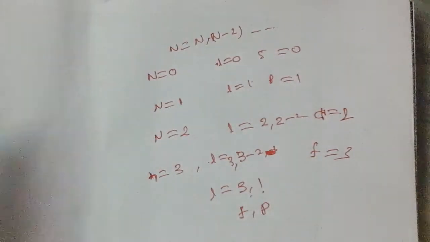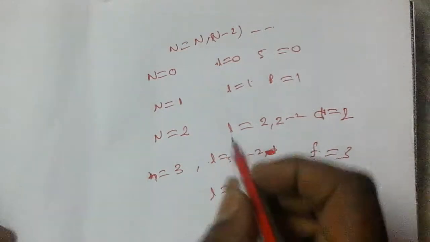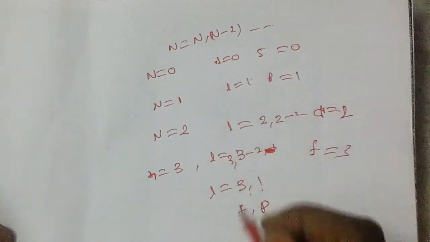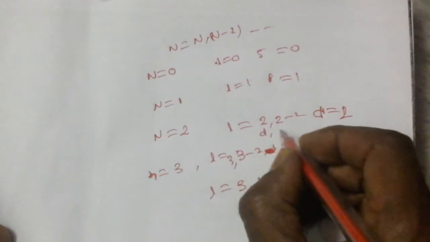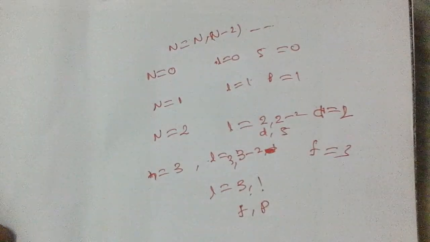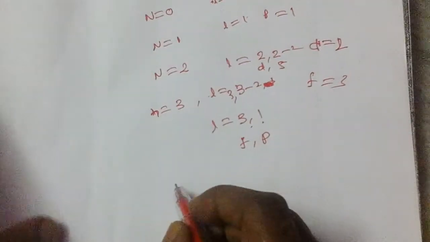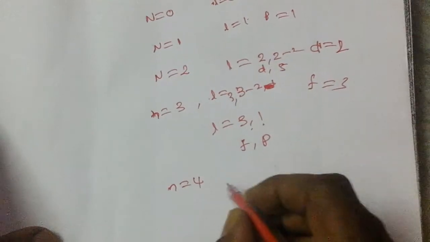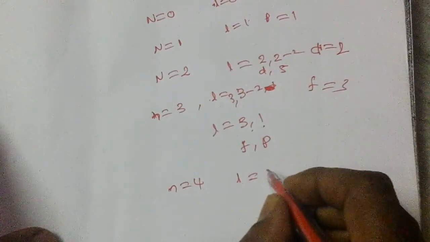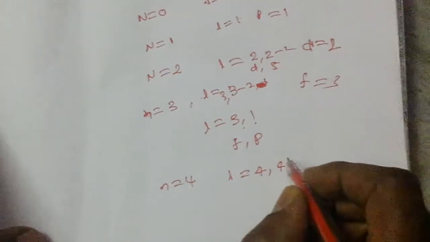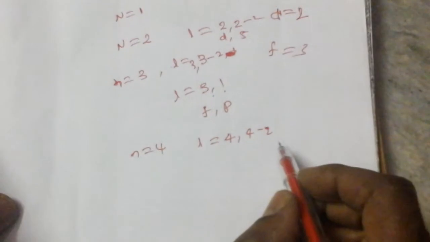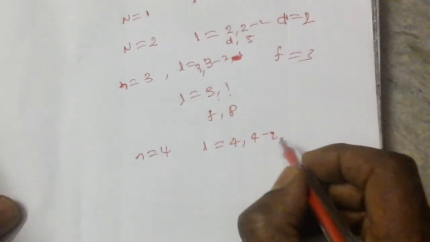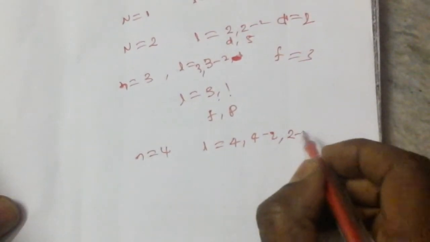So next, n is equal to 2 means d, s. Next, if you take n is equal to 4 nucleon orbits, then l is equal to 4, 4 minus 2, and 2 minus 2.